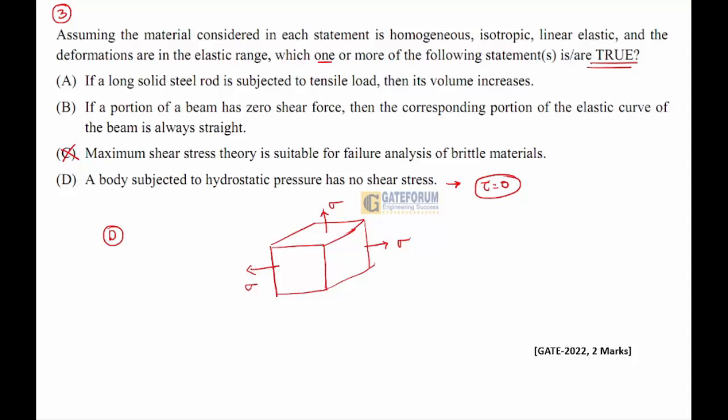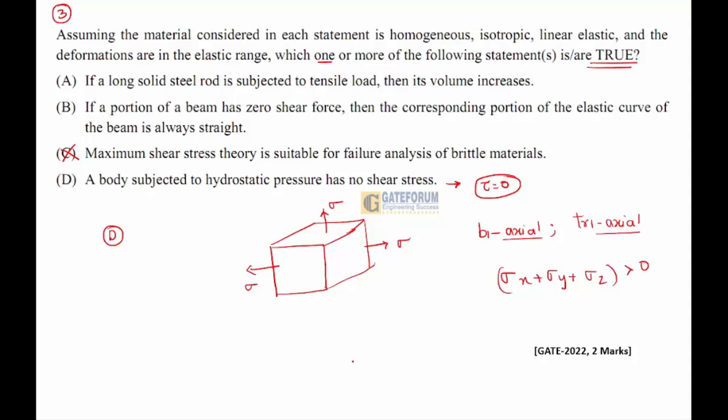And in axial loading applications, tensile stress will lead to volume increase, and the application of compressive stress will lead to volume decrease. And that way, for biaxial or triaxial conditions, sigma x plus sigma y plus sigma z will always be greater than 0.